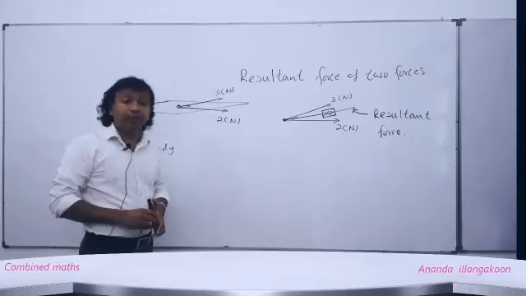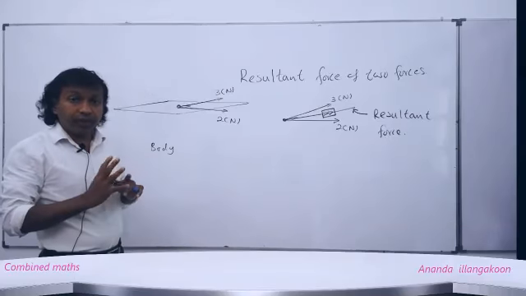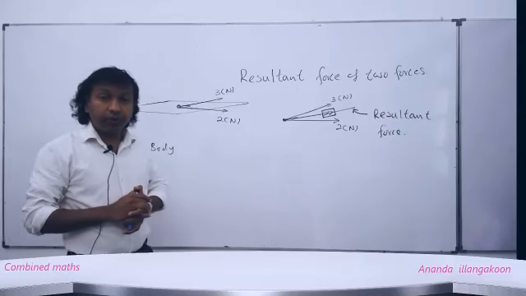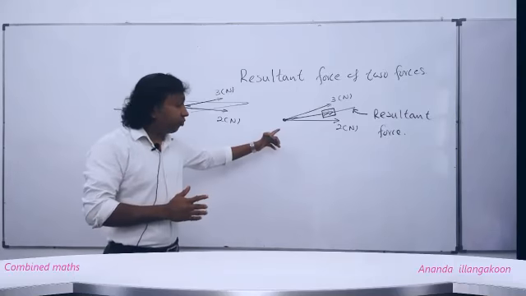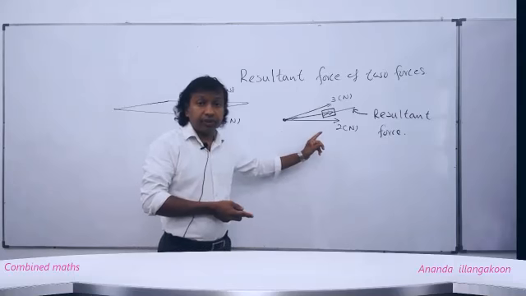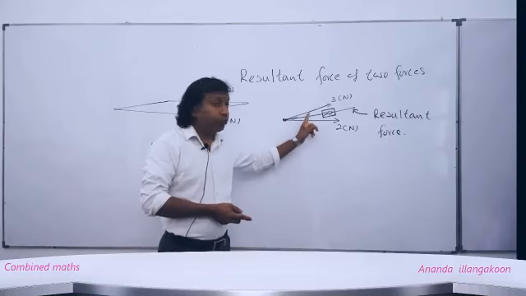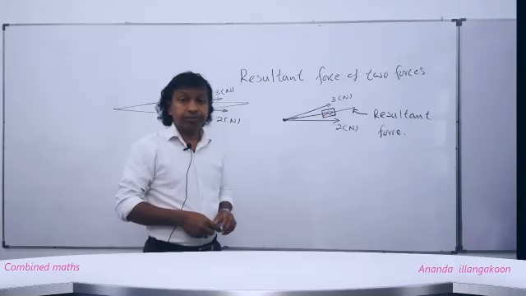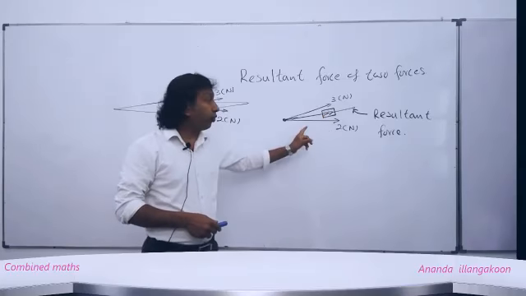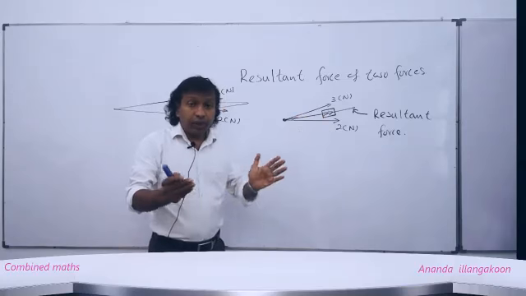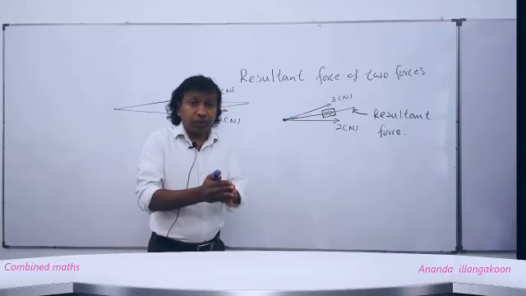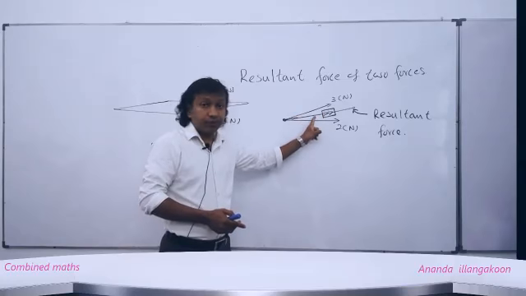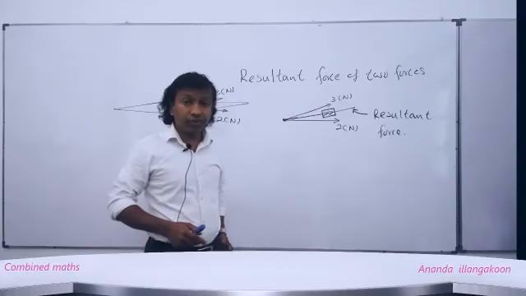Therefore, people, the resultant force we define like this. Here, the final effect made by these two forces on this object is this. Then these two forces together can give a single effect to this body along this direction by a force, and that force is the resultant force.